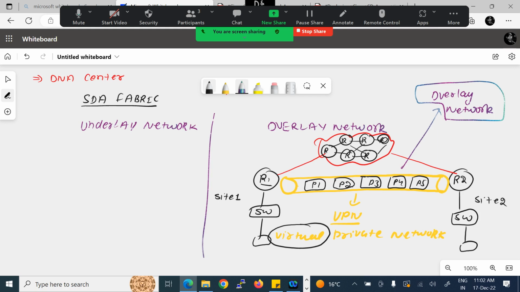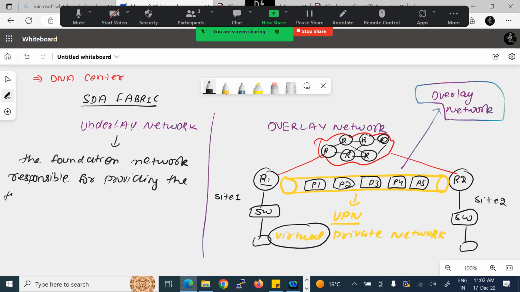And now what is an underlay network? The foundation network. It is responsible for providing the hardware infrastructure and the connectivity.